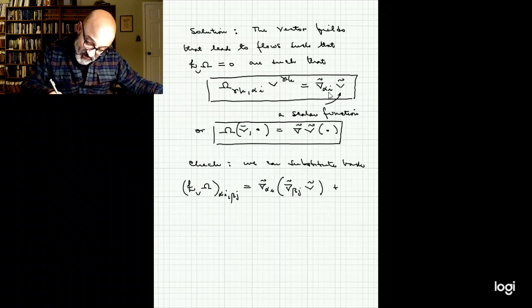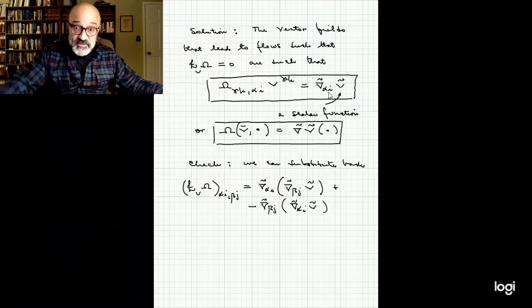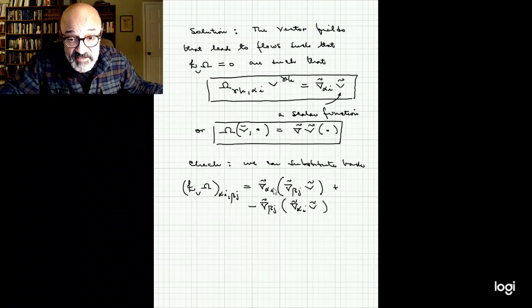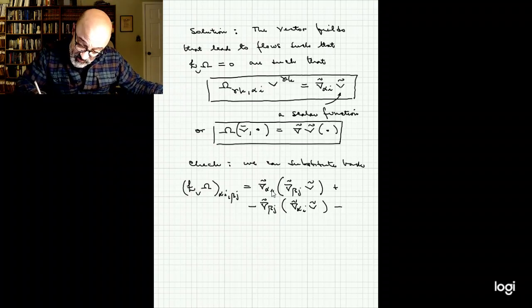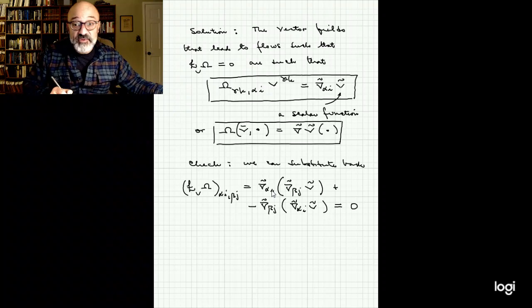And then minus the beta j of the same object, but now it's alpha I of V. And so you see what we have here: you just have gradients taken in the opposite order. Those commute, you get 0, it works. So we have the solution.